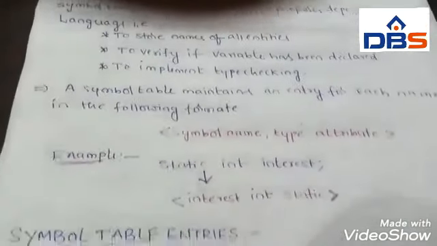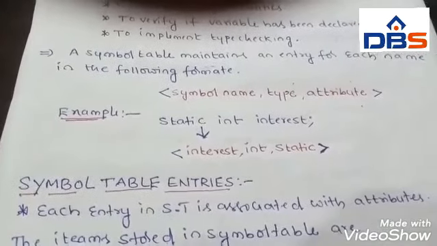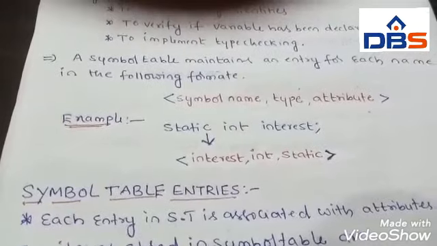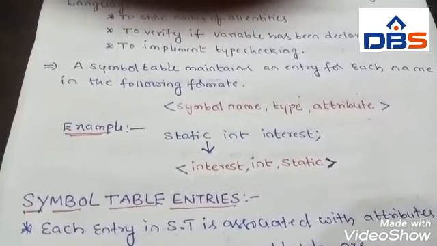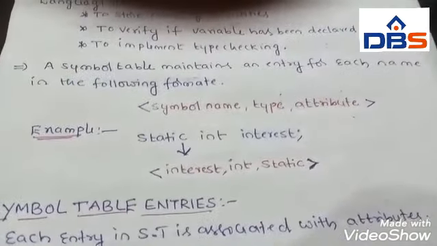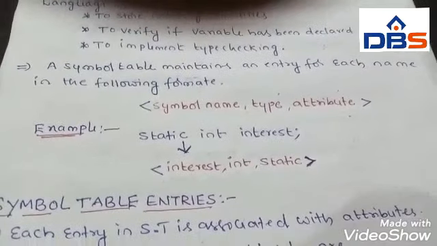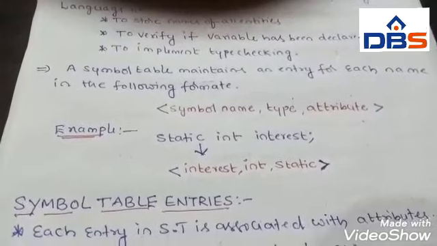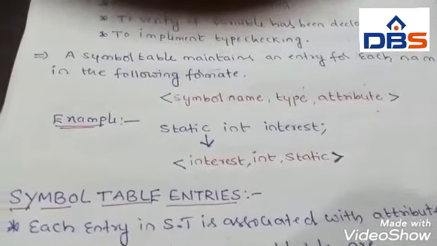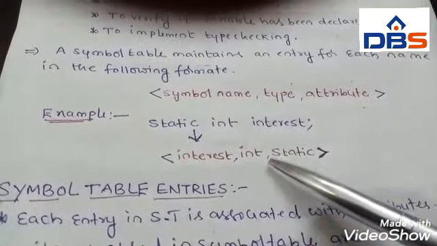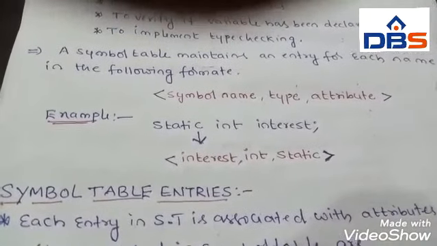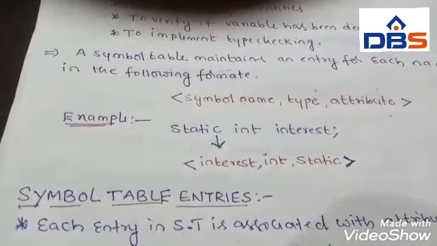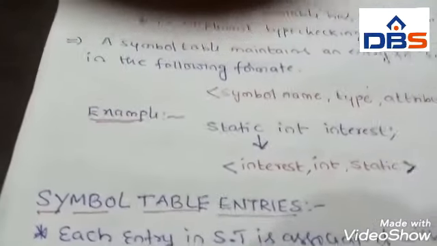For example, if a symbol table has to store information about the variable declaration static int interest, then it should store the entries interest, int, and static. The attribute class contains the entries related to the name.